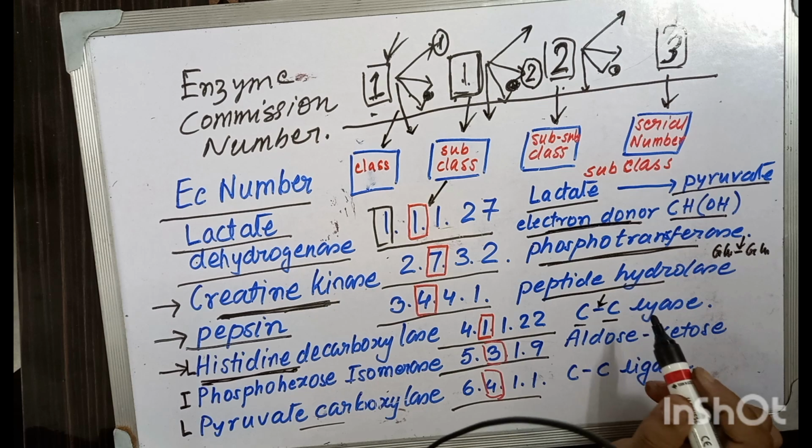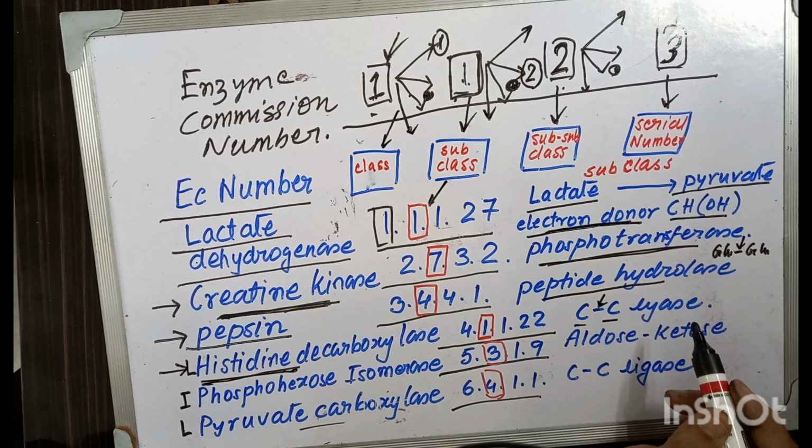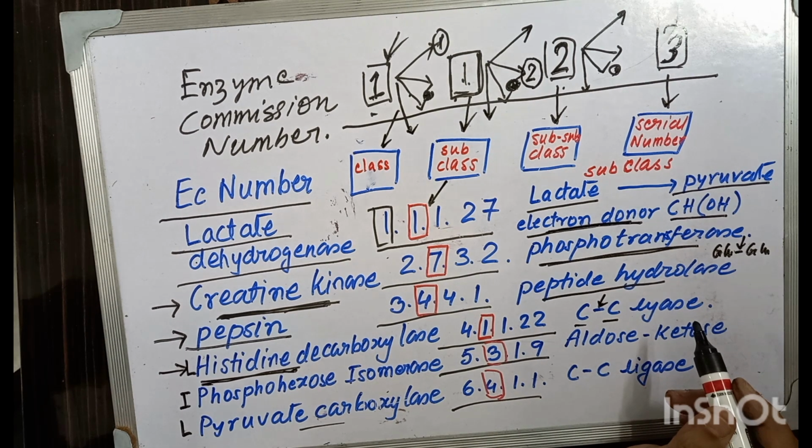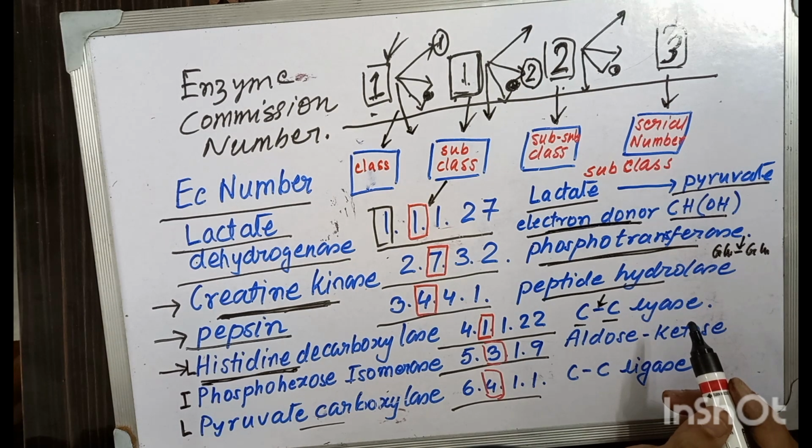Histidine decarboxylase breaks histidine and forms histamine and carbon dioxide. This is a very important reaction, because histamine is involved in allergic reactions that go on inside our body.